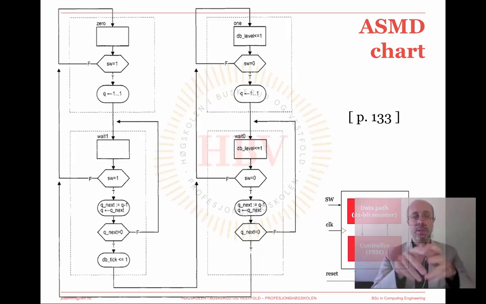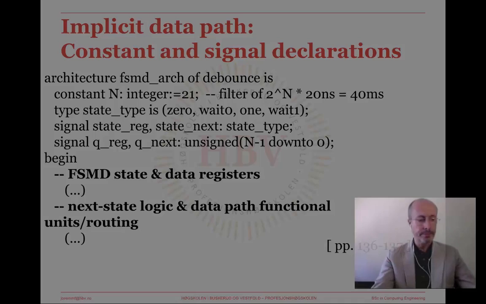Now, to keep this presentation short, we will only consider the implicit data path method, also because that's the coding style that we use regularly. But I leave it up to you as an exercise to go through the corresponding pages in the book and then to compare the two methods at the end.